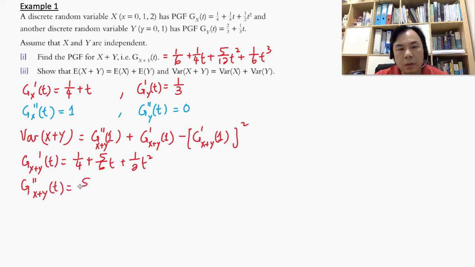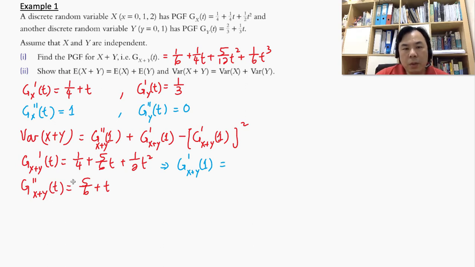So the second derivative will be 5 over 6, and then a t. Now, what comes next would not be tough. All you need to do is obtain the evaluations of X plus Y by letting t go to 1. So we can just substitute t equal to 1 here.